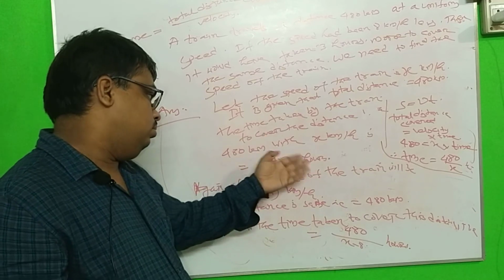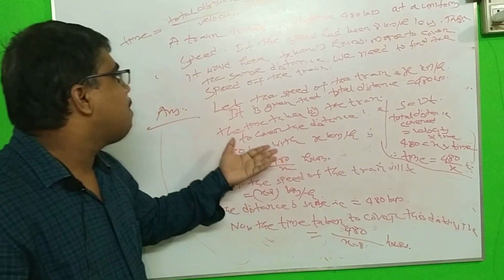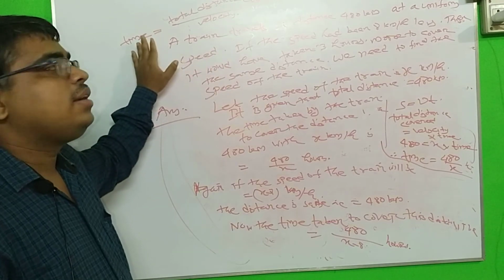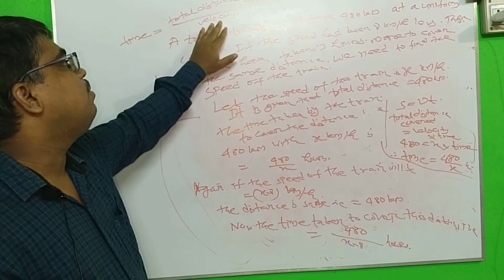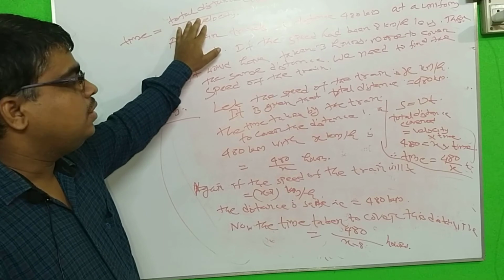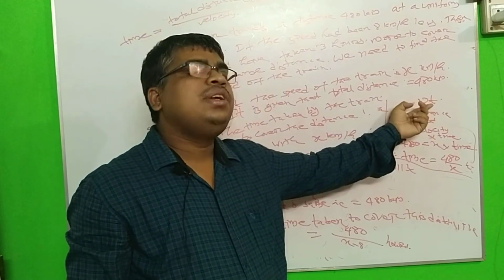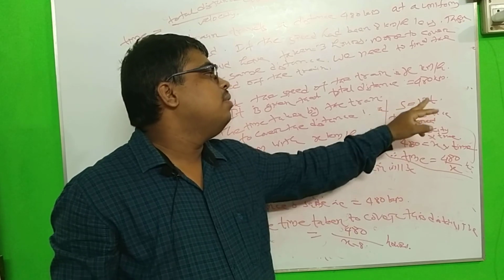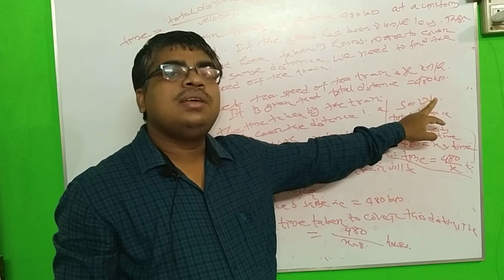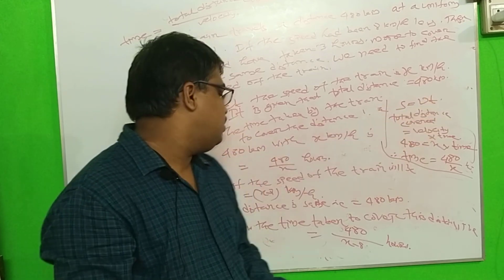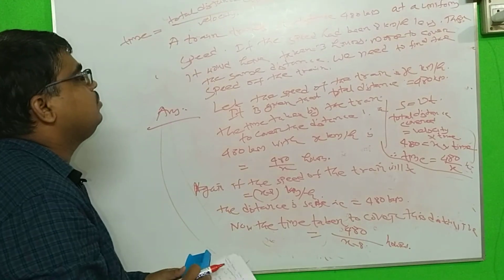This time can be obtained from the formula time equal to total distance covered by velocity. Okay, you should remember the formula S is equal to Vt. S means total distance, V means velocity, T means time. Okay, clear.